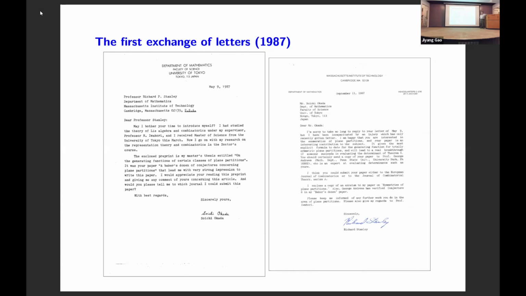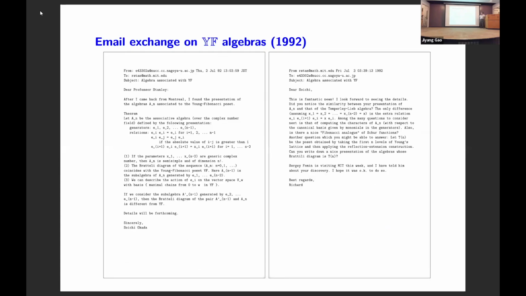And this is not an email exchange. This is a letter exchange. So I had to put the fragment and this cover letter into the envelope and then go to the post office. Okay. So the next one is the email exchange. It is dated 1992.